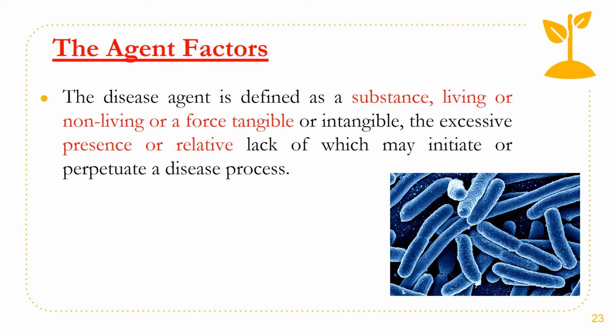So in the agent factor, the disease agent is defined as substance, living or non-living, or force, tangible or intangible, the excessive presence or relative lack of which may initiate or perpetuate a disease process.